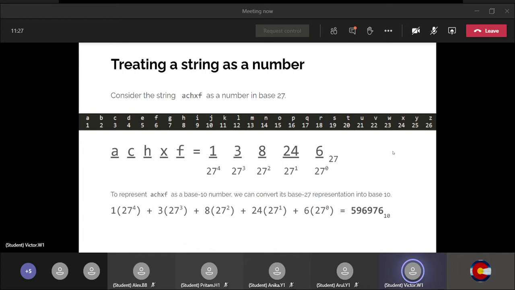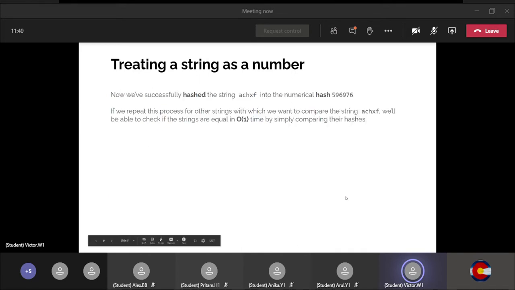But once we have a base like 27, larger than all the digits we need, we can ensure that each string is mapped to a unique integer. That will be important later. And so we say that we have hashed the string into a numerical hash.